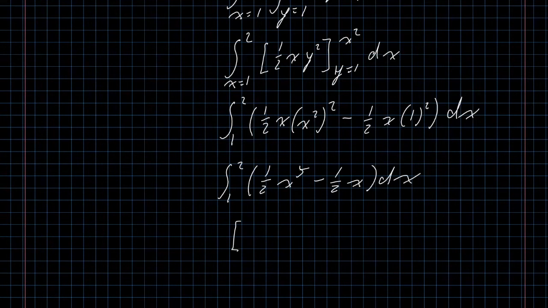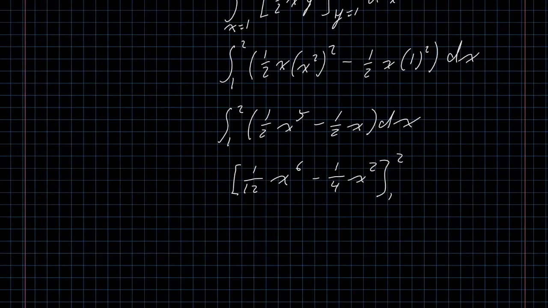Integral of x to the 5th is 1/6 x to the 6th. Multiply that by the 1/2 that's there. Integral of x is 1/2 x squared multiplied by the 1/2 that's there. Evaluate when x is 2, evaluate when x is 1.